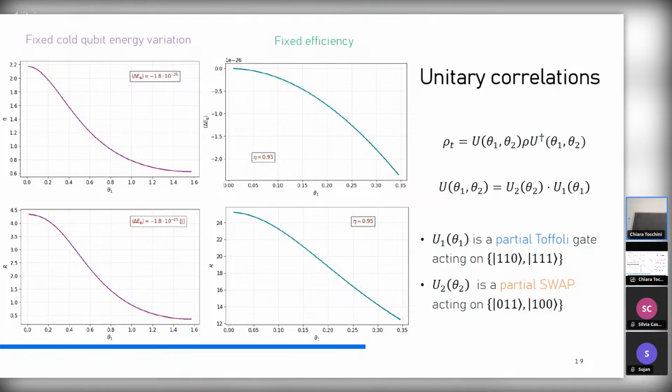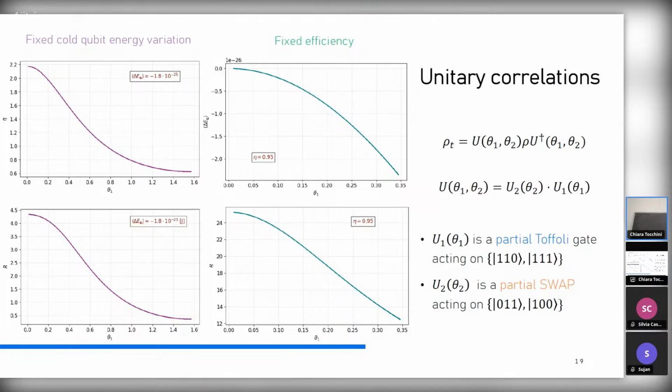And first, we fix the cold qubit energy variation, and we see how the coefficient of performance scales, and this ratio at the same fixed energy.